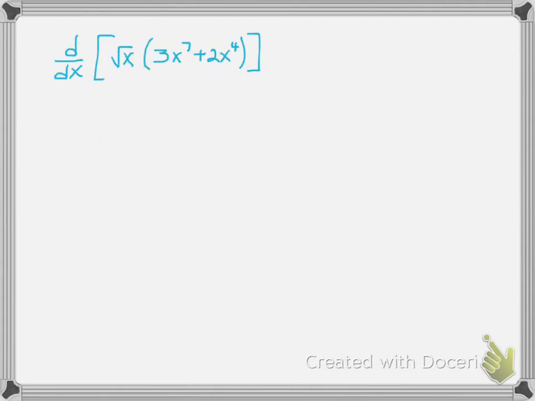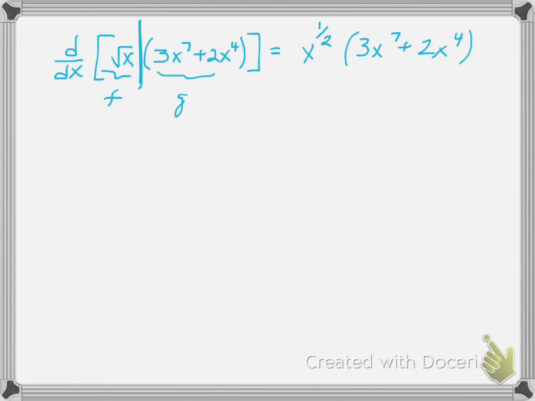So again, get more comfortable understanding which function is f and which function is g, or at least seeing the split between the two. So here we go. There's one function and there's another one. Now in this problem I don't like the fact that I have the square root of x. So what I'm going to choose to do here is rewrite that as x to the 1/2, and I'll leave the second function as is. Okay, so the product rule, here we go, the derivative, right?